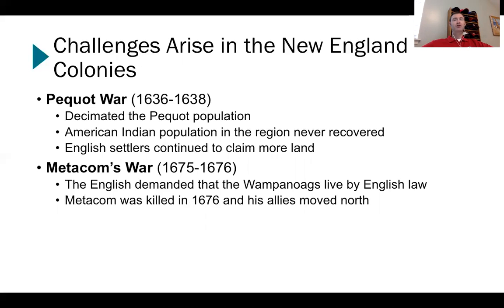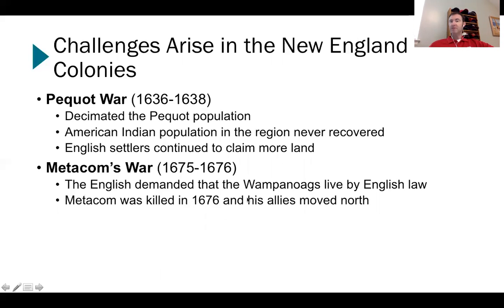While that is true, warfare is also going to have a tremendous effect. Okay? And the thing to keep in mind is that, again, what are we seeing as a ringing theme? We're seeing the land. Okay? That concept: what can we do with this land that the Native American population is not? Metacom's War, as you can see here, comes about later. Okay?